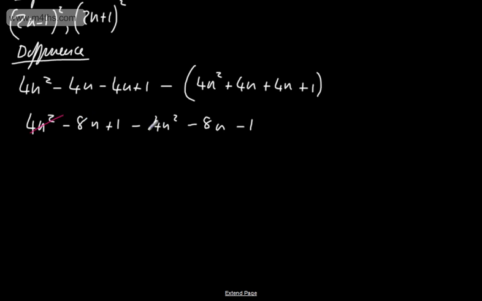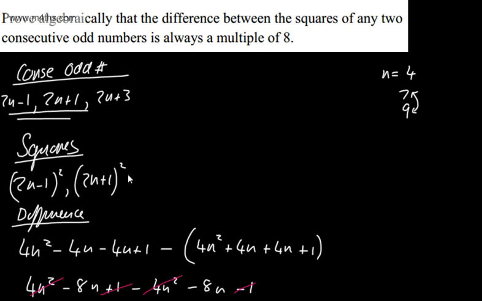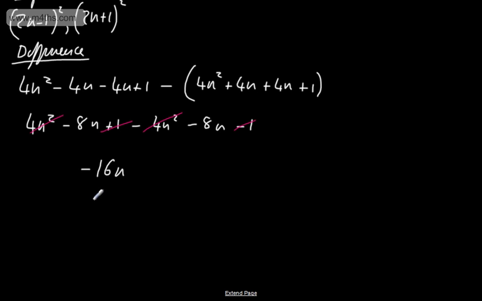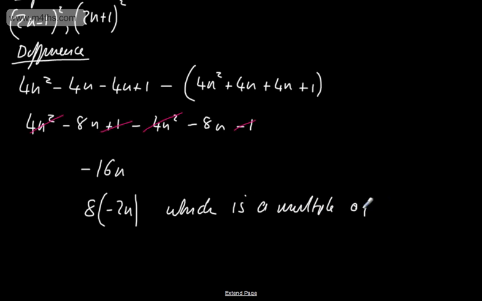So 4n squareds are going to cancel, the plus 1 and the minus 1 cancel, which leaves me now minus 16n. We need to show that this is a multiple of 8, and we can write this now as 8 lots of minus 2n, which is a multiple of 8.